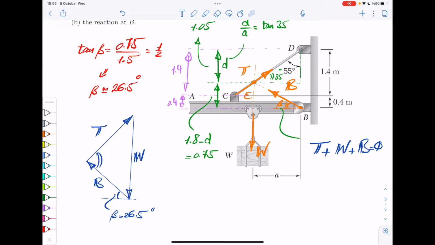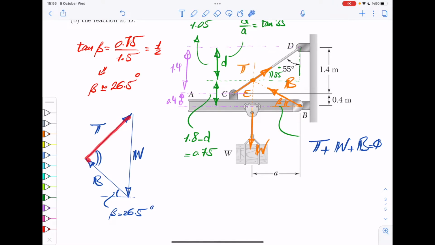And also now, if you look at this triangle, you can use your usual triangle relation, which basically states the following: let's say T divided by the sinus of the angle in front of it, so this one, which in this case would be 90 degrees minus beta, and that would be 63.5 almost, but it doesn't matter.